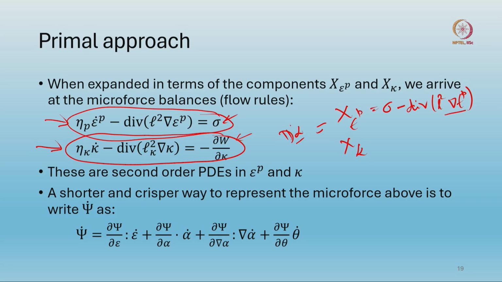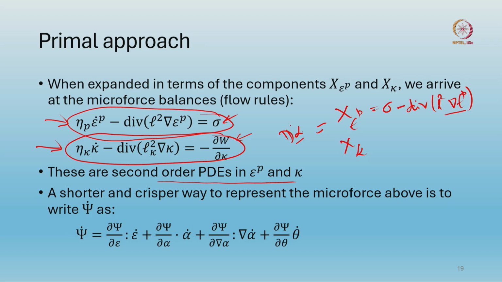And note that in terms of the spatial derivatives, these are second order partial differential equations in epsilon p and kappa. So this is something very interesting in the sense that now we have got the flow rule as partial differential equations, not as the standard flow rule. Okay, so basically these partial differential equations need to be solved actually, because these are no longer algebraic equations, right.